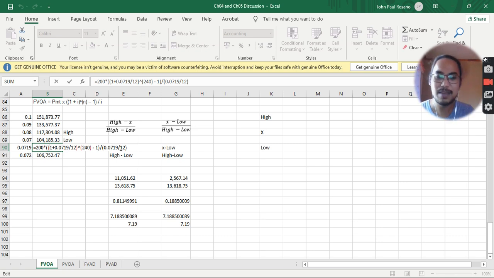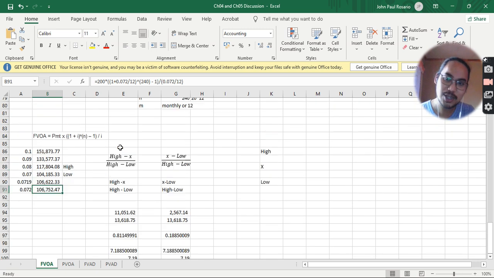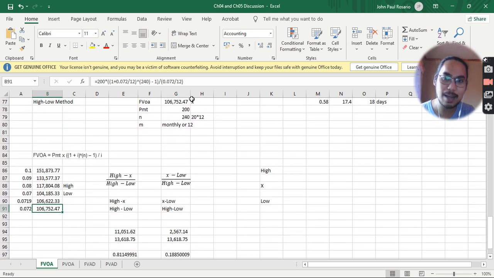So, same. And then we got 106,622. It's close, but there seems to be a discrepancy. So, let's try. Do we need to go higher or lower? Okay, so in this case, our x is higher, so we need to go higher.